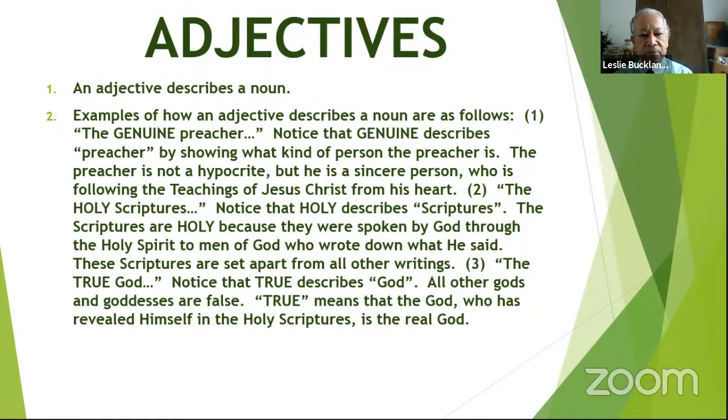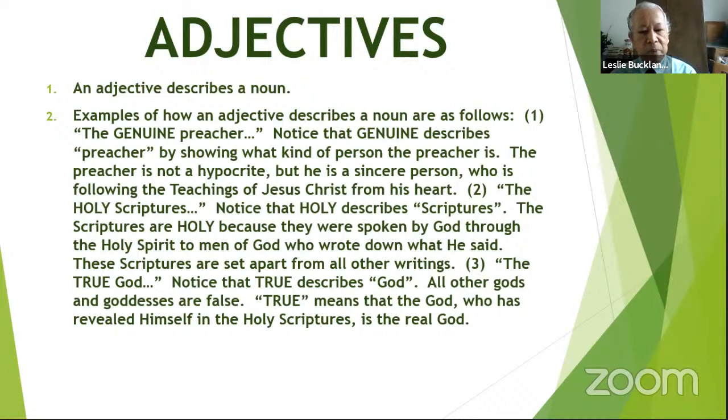Number 3, the true God. Notice that true describes the noun God. All other gods and goddesses are false. They're made up. They are imaginary. They do not actually exist in reality.